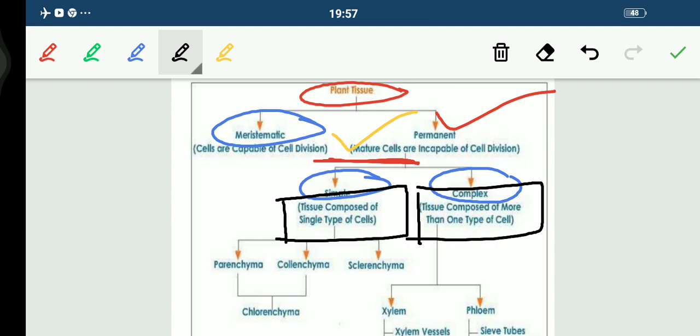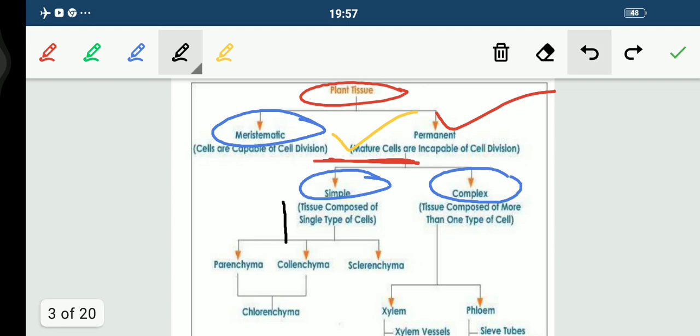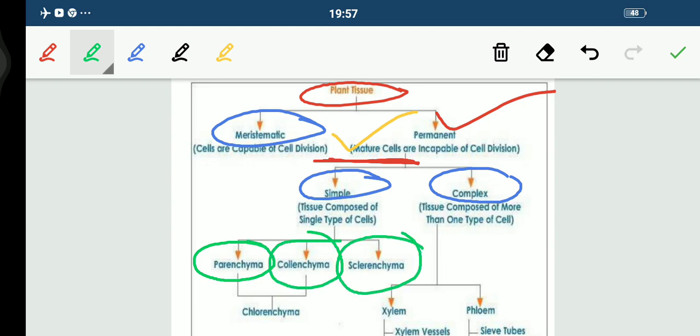Now talking about the simple one, students, it is divided into three tissues, right? We have parenchyma, collenchyma, and sclerenchyma, that is PCS, right?